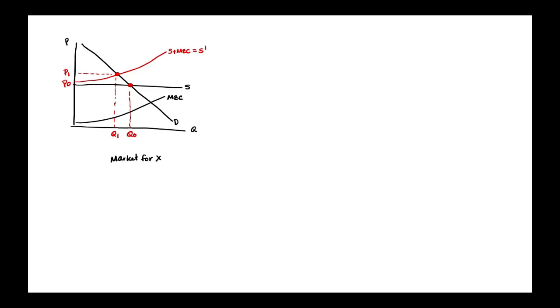All right? So, we know now that we need to impose a tax. And in this case, we're going to impose a Pigouvian tax. Now that sounds like a big fancy word, and it's really not.